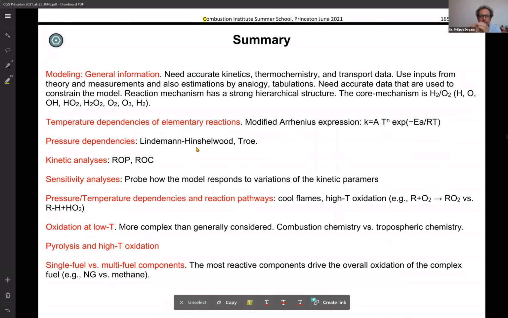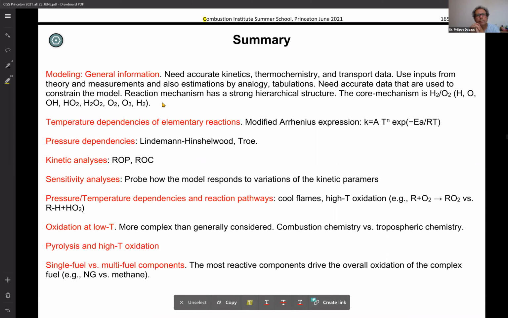We need accurate data that are used to constrain the model, and this is really very important. Constraining the model. You don't want to write something that is not verified by experiments.